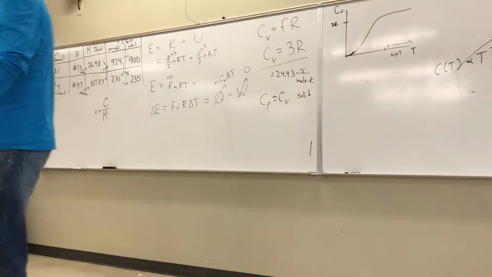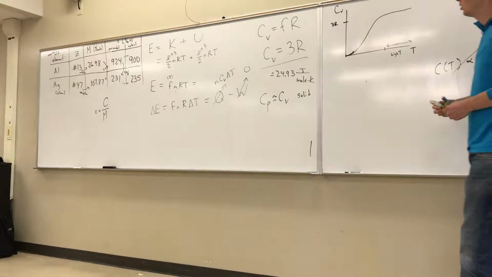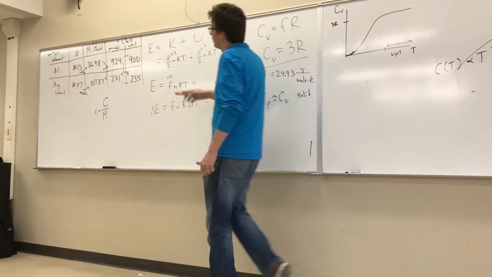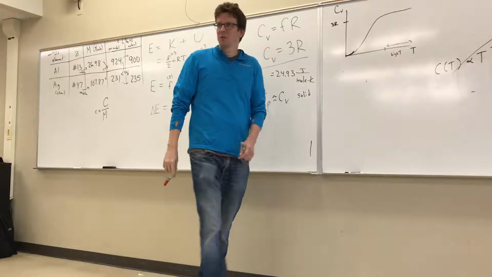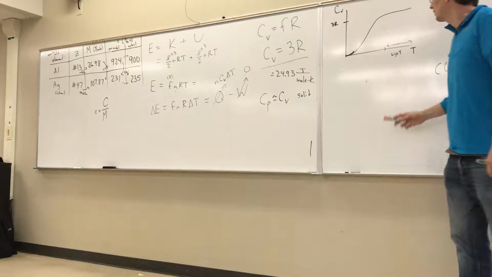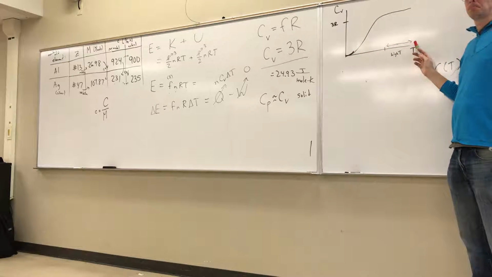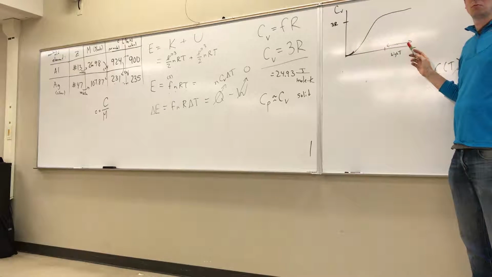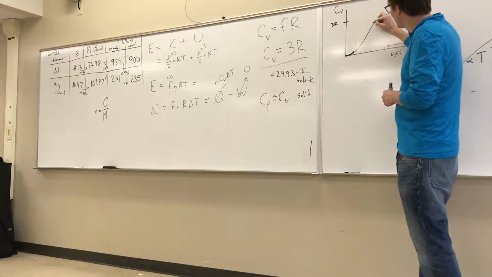So how do they compare? Well, aluminum is easier to explain. Aluminum is a little shy. So why might this actual value be a little bit lower than it should be? Looking at this graph. What's that? Might be temperature higher later on. That's right, exactly.